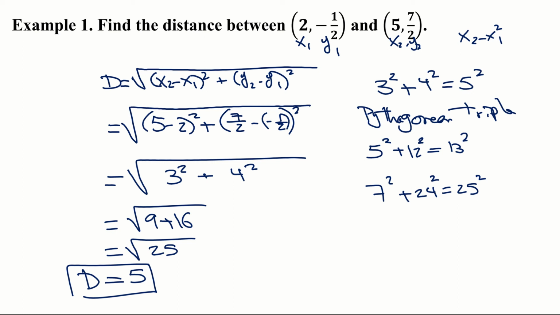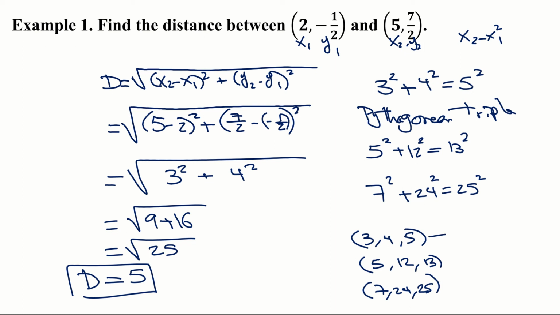And the nice thing is, we usually put them in the form of ordered triples. So we have 3, 4, 5. We have 5, 12, 13, right? 7, 24, 25. Now, the fact of the matter is that any multiple of a Pythagorean triple is also a Pythagorean triple.